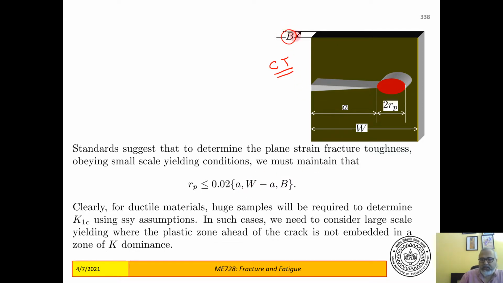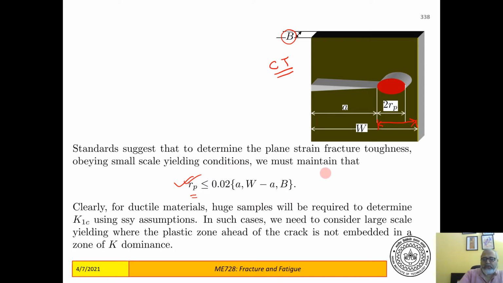For example, B, this length, W minus a, all these things must be much greater than Rp, so that your plastic zone is not large enough to interact with any of the boundaries. So it's concentrated at the crack tip, and if this condition is satisfied, you can be more or less certain that you have the small scale yielding assumptions valid.